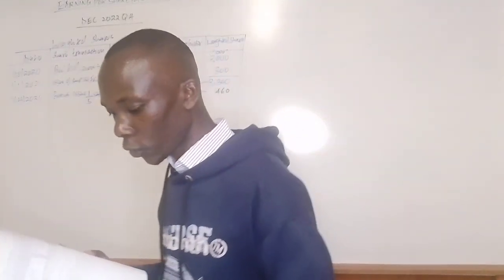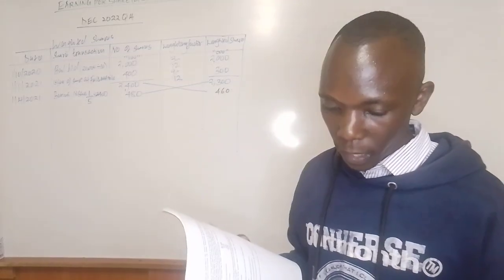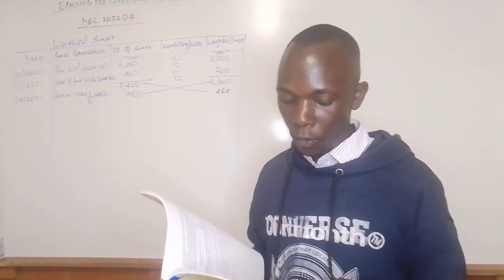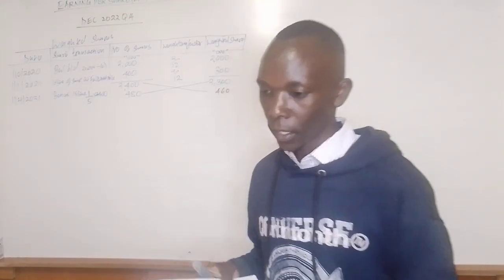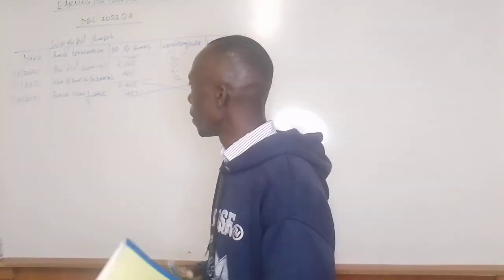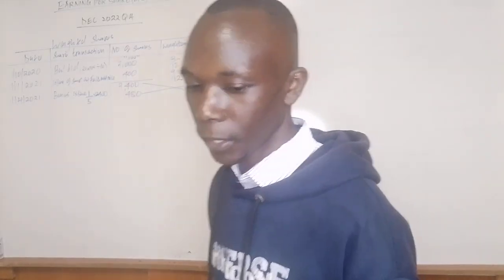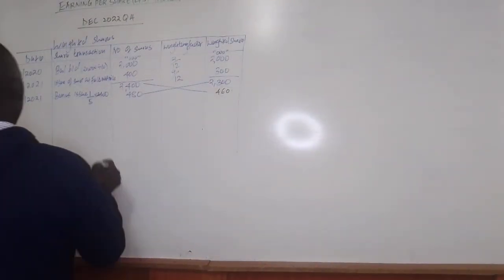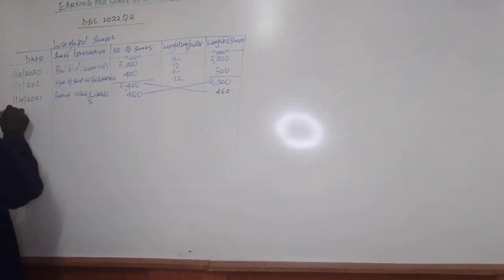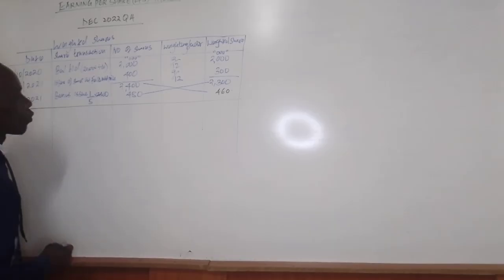Then from there, let us go to note number 3. You are told that on 1st December 2024, D Limited, on 1st December. So remember, our year is ending on 30th September. So therefore we are on 30th September, and what we need is for us to get the total.